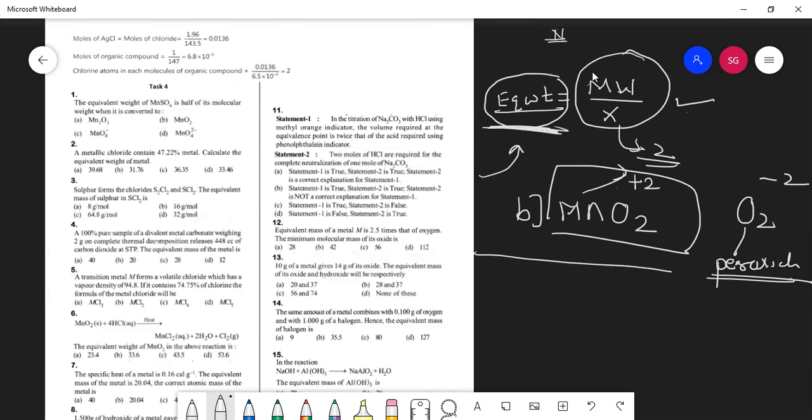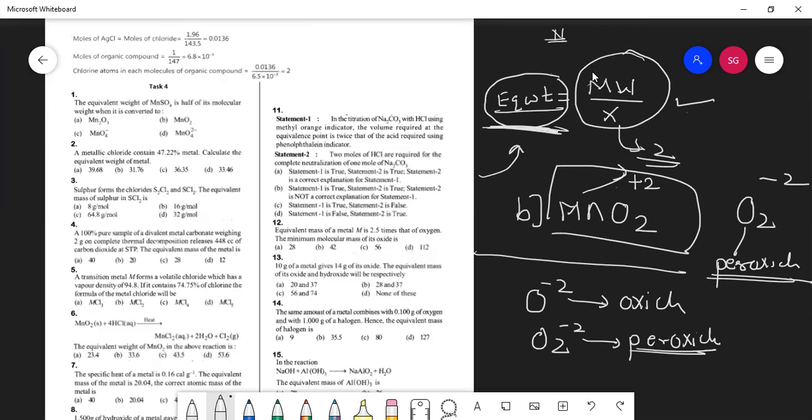Okay, today you see the valence chart. O is -2, which is called oxide. And O2 is also -2, which is called peroxide. Understood? So the answer is B. Got it?